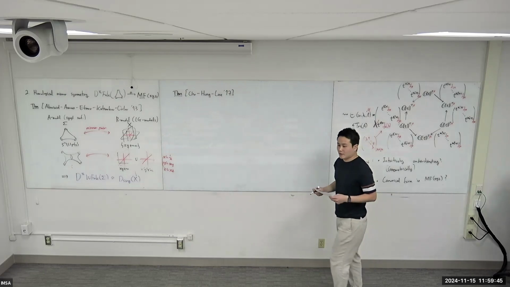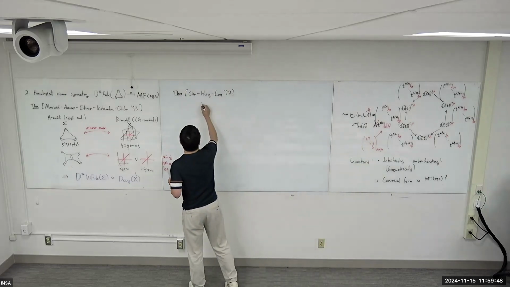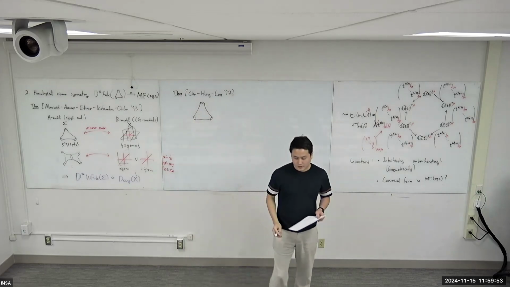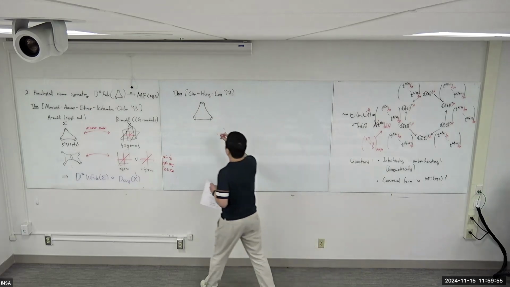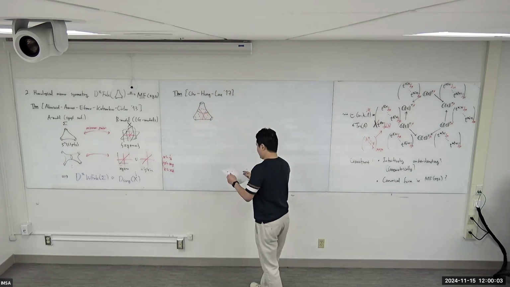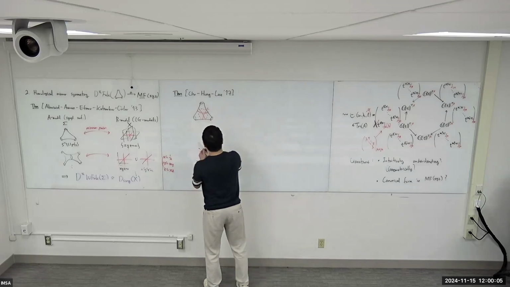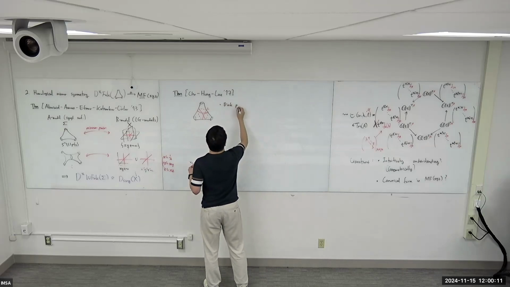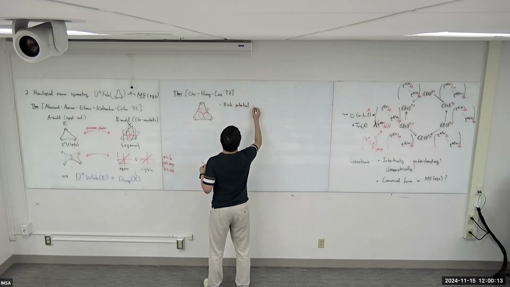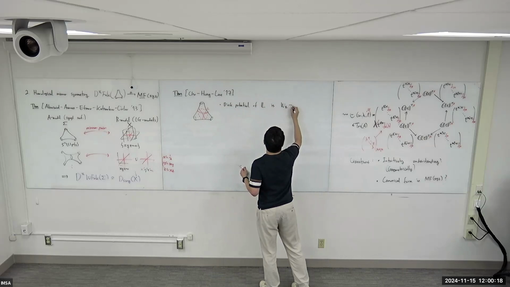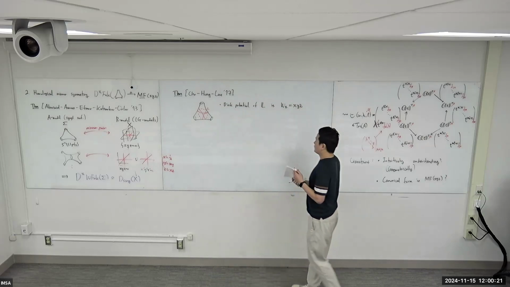So Cho-Jeong already gave a very detailed explanation of this. Just for recall, I just mentioned that there was a special kind of Lagrangian L here, so that the disk potential of L is exactly given by our desired polynomial xyz.